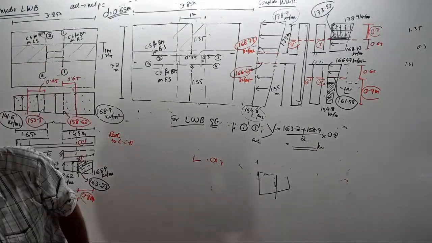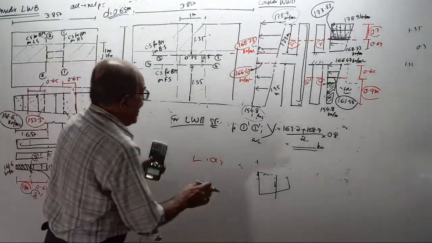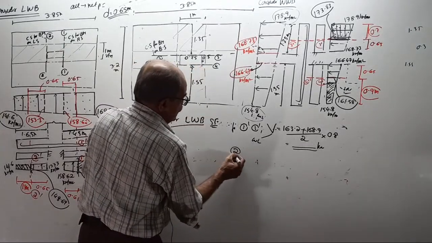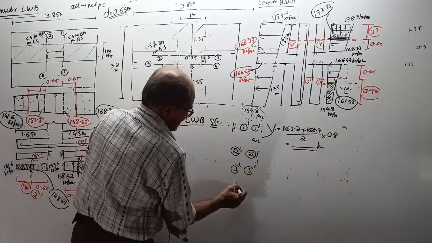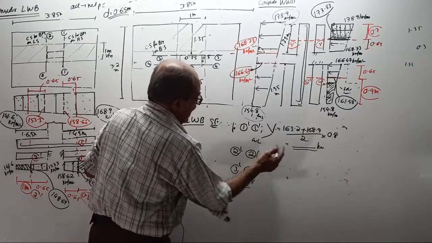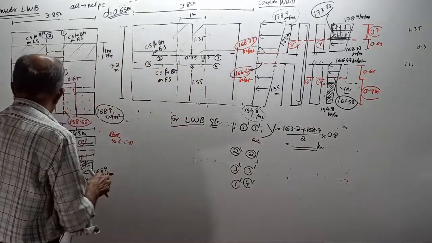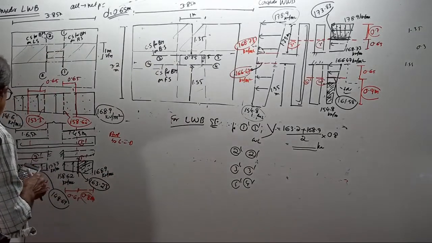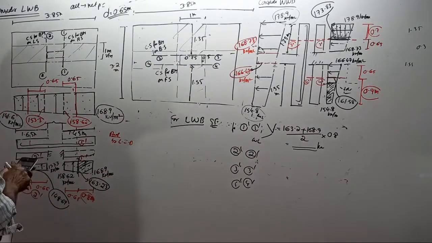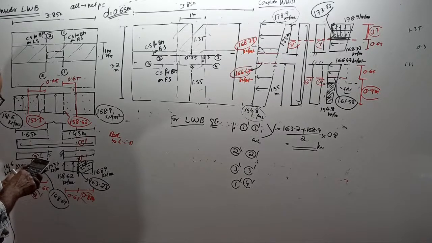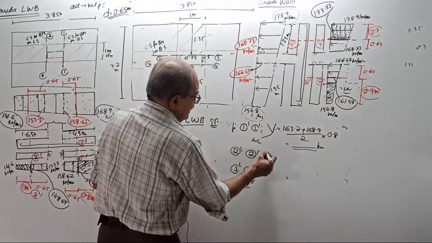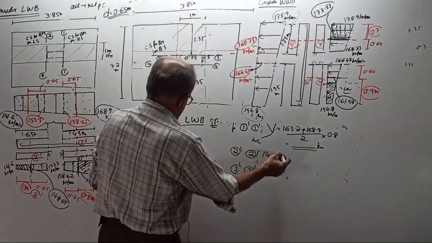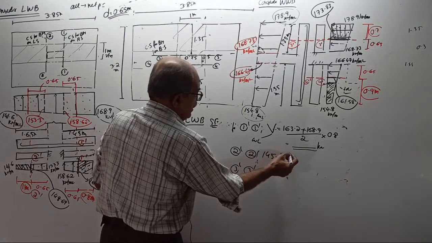Clear. Now do one thing. Remaining, I will give the answer for you. For 2-2, 3-3 and 4-4, I will give the answer. For 2-2, the answer is: 141.6 plus 148.69 divided by 2 into 1, which is 145.15 kilonewton.